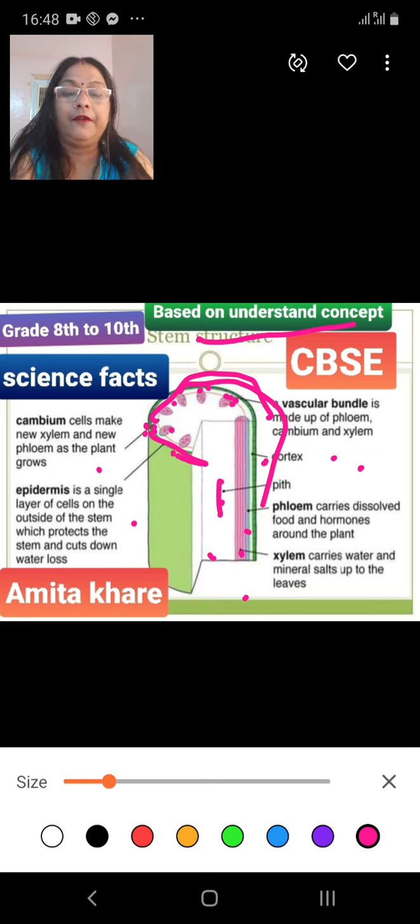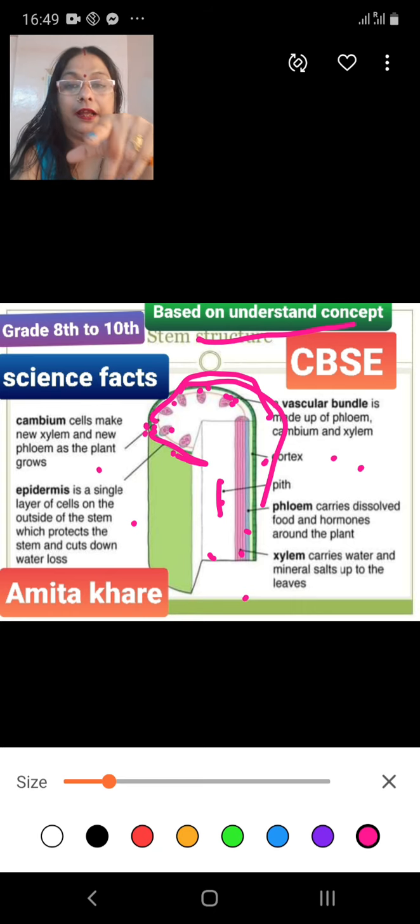Next we will come to the xylem. This pink structure and bundle is shown here on your screen in the stem structure diagram. This is the xylem. Xylem carries water and mineral salts up to the leaves, and phloem carries dissolved food.